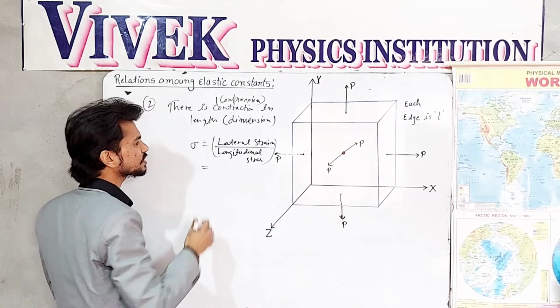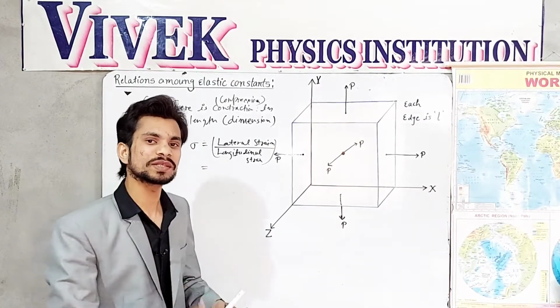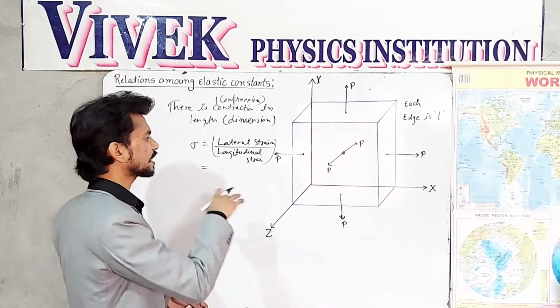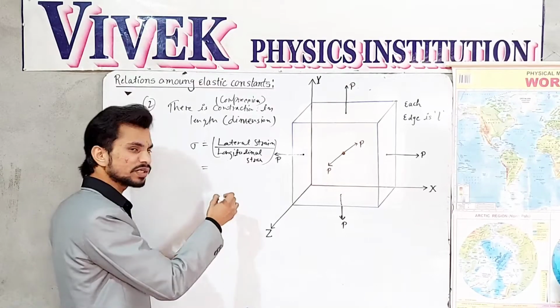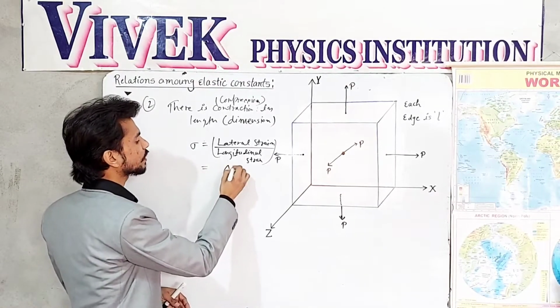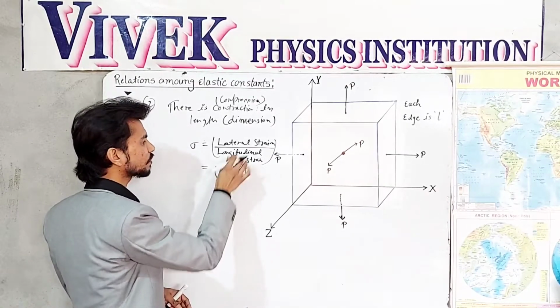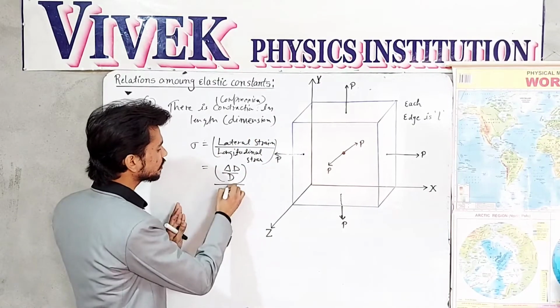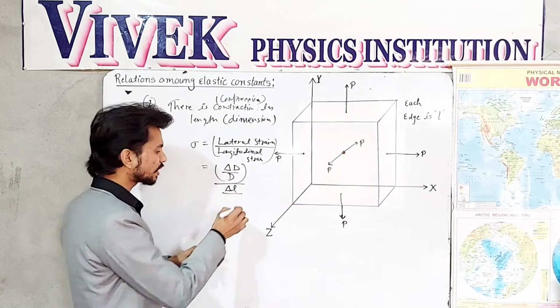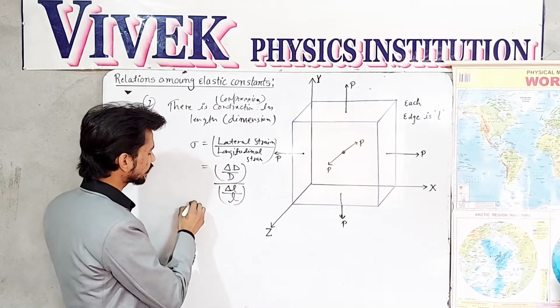And what is the lateral strain? Lateral strain is related to the area. In the last video we took the lateral strain as the diameter strain, that was delta D over D. This is the lateral strain. And longitudinal strain is nothing but the change in length divided by the original length, and this gives sigma.